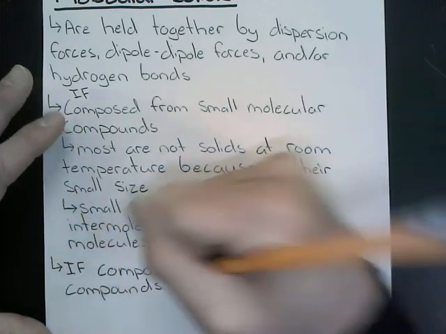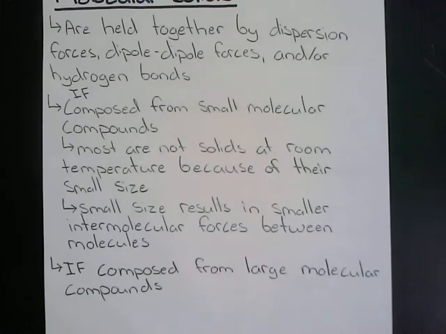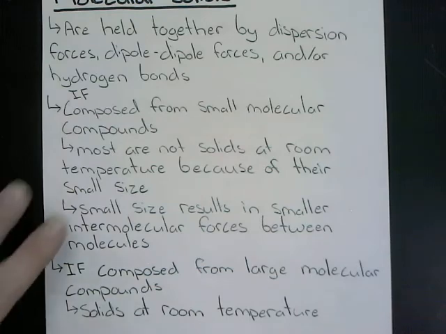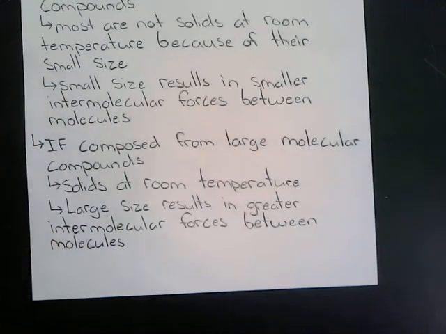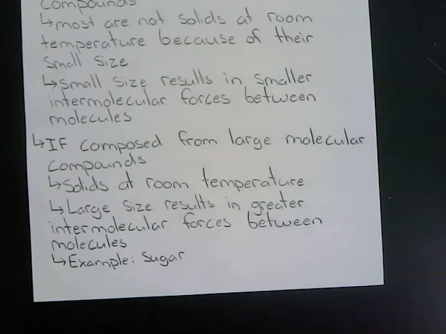One of the properties is that large molecular compounds are typically solids at room temperature, and that's because their large size results in greater intermolecular forces between molecules. An example of this is sugar. All molecular solids are poor conductors of heat and electricity.